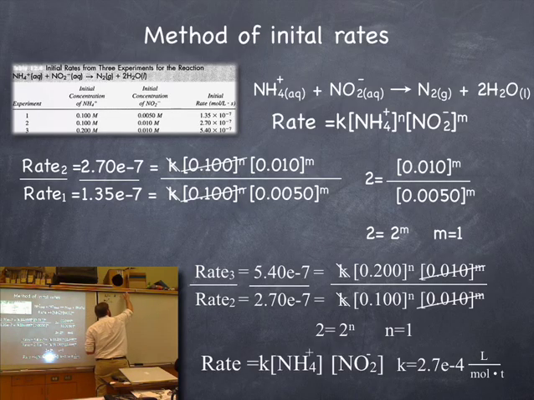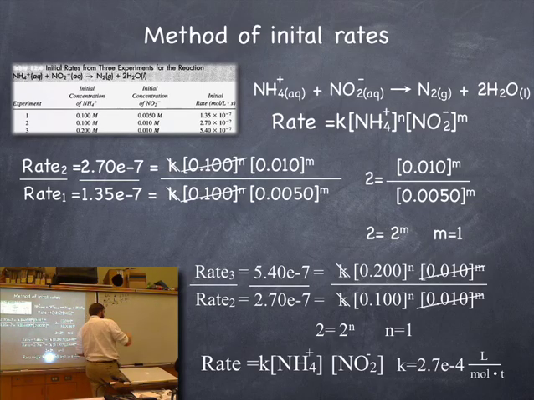Here I had two concentrations, so that's moles over liters and moles over liters. That's too many moles and too many liters. The units won't work. So my K value has to cancel out one of the liters and cancel out one of the moles and bring in the seconds.